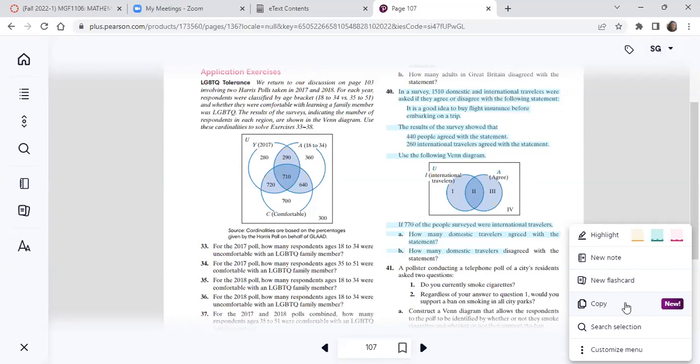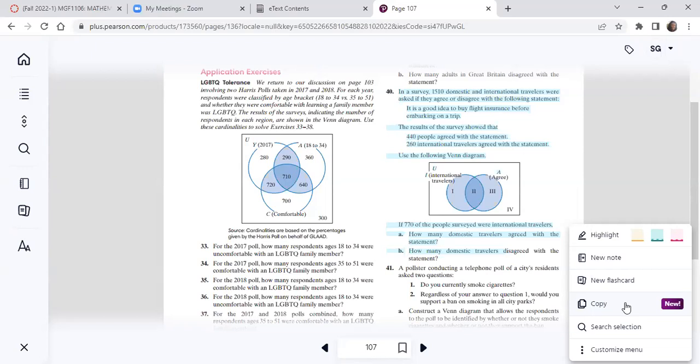260 international travelers agreed with the statement that it is a good idea to buy flight insurance before embarking on the trip.